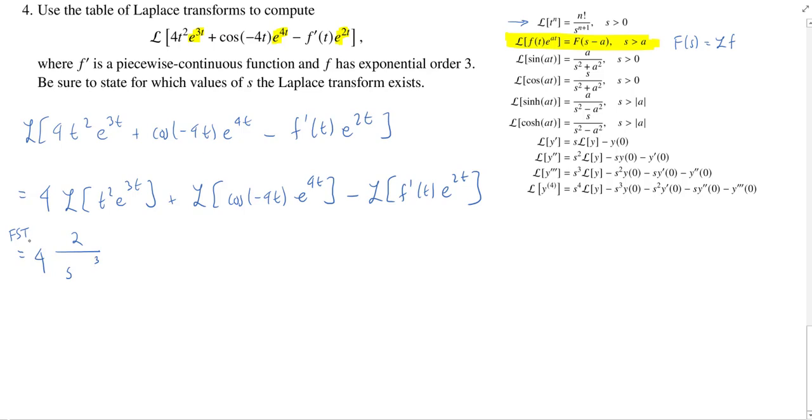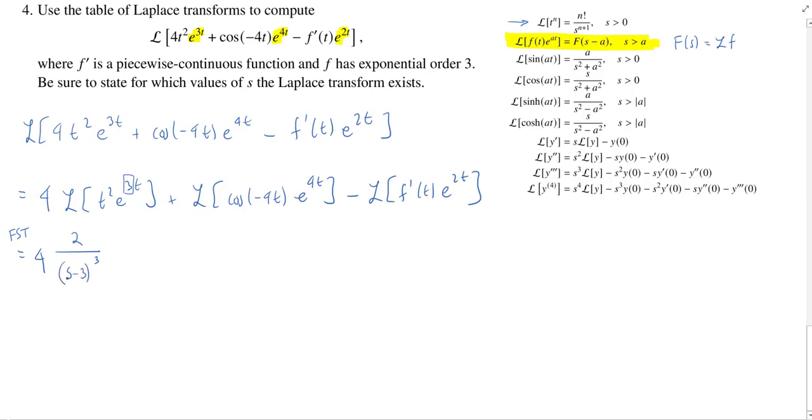It's because we are using the first shifting theorem. There is an exponential, and we can't completely forget about it. But all that exponential is going to do is shift my Laplace transform by whatever this a is. In this case, my a is 3. So I'm going to have to do a shift, replace my s by s minus 3.